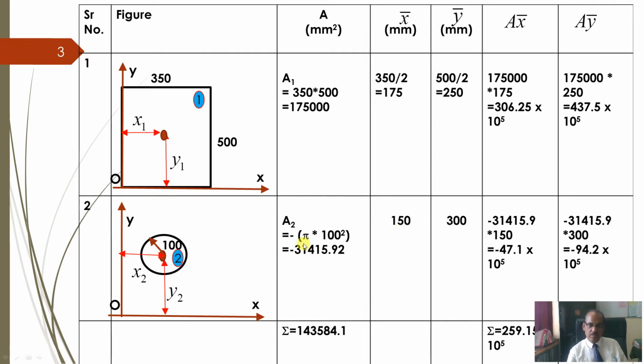Again take A2 x2 right here, A2 y2 right here, and area of the circle is deducted, that's why it is negative. So these two values will be negative, this value also will be negative. So when I take A1 plus A2, this will be A1 minus A2 and you will get this value.